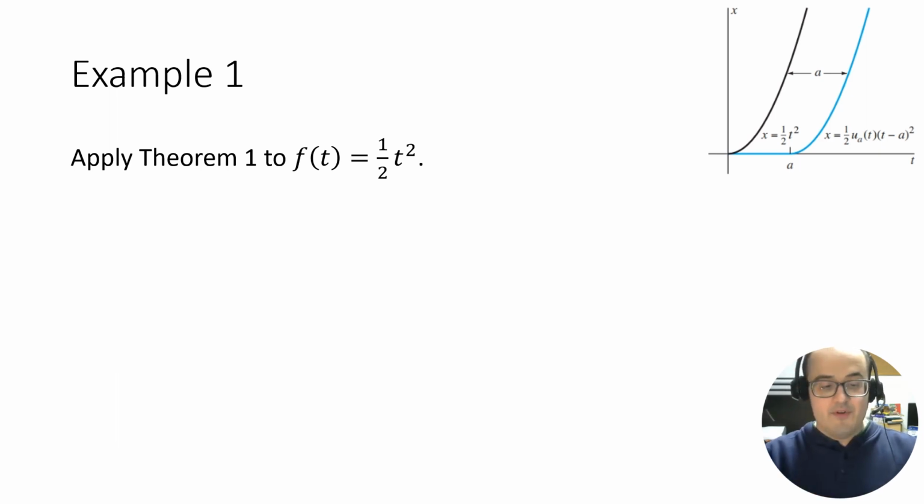So for example, we want to apply theorem 1 to f of t equal to 1/2 t squared, and we have the graph there in the upper right that depicts this as well.